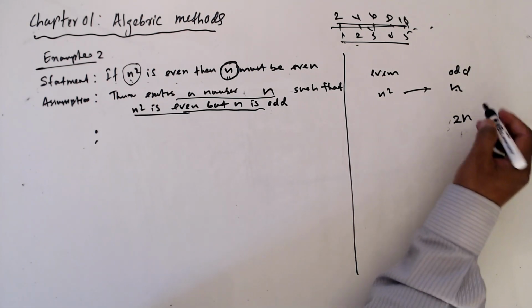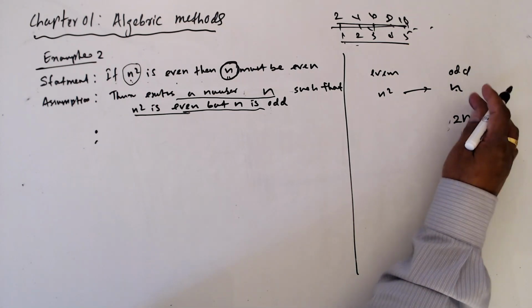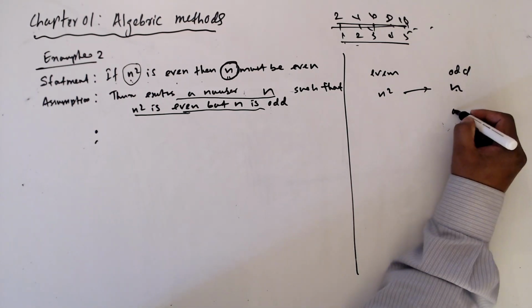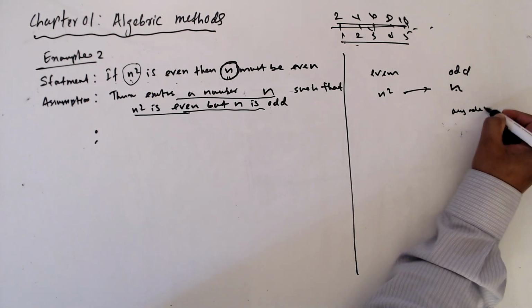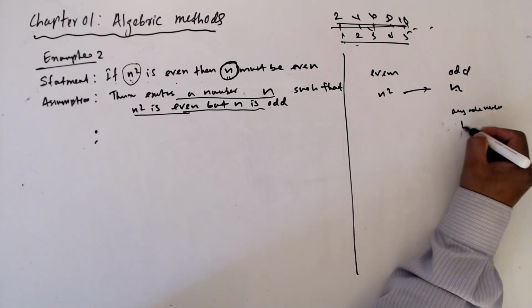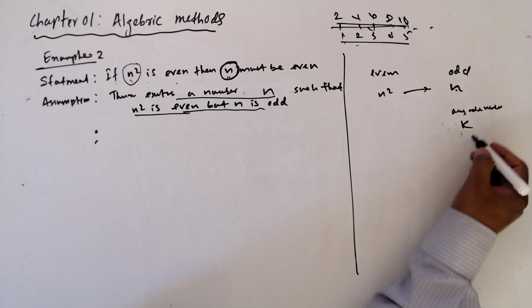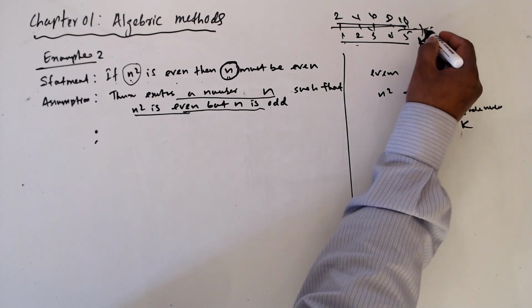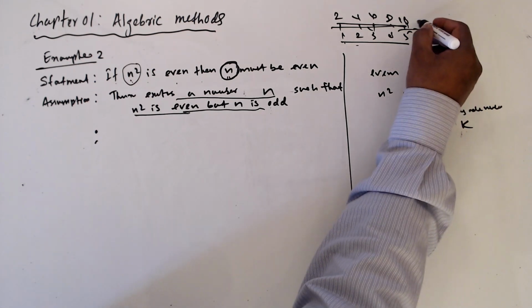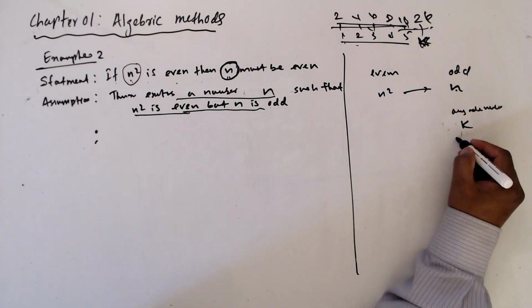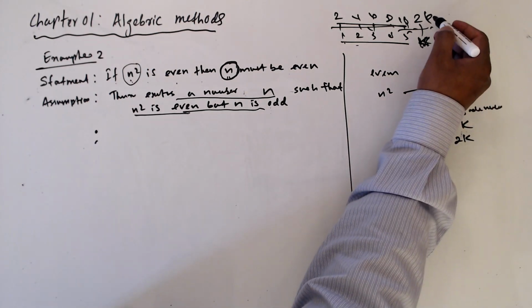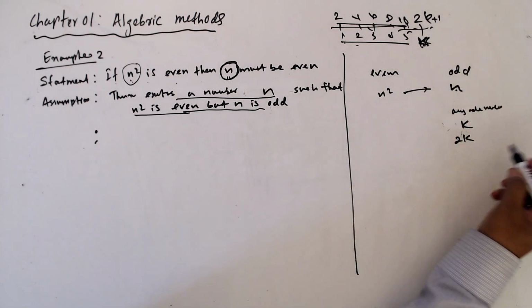So we take any number k. I'll double it to get 2k, which is even. And I know that when I add 1 to an even number, it is going to be odd.